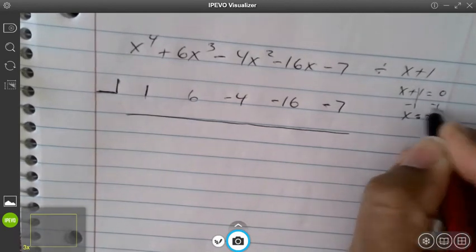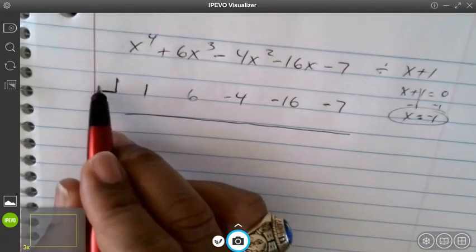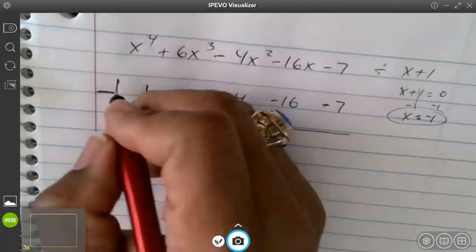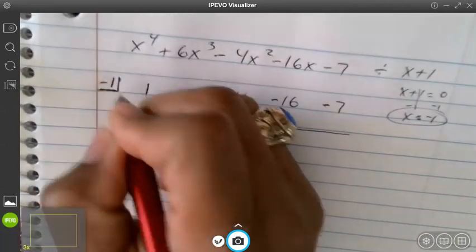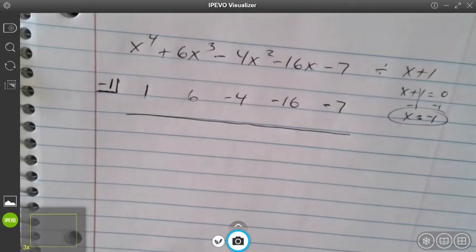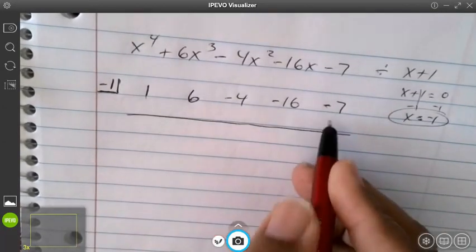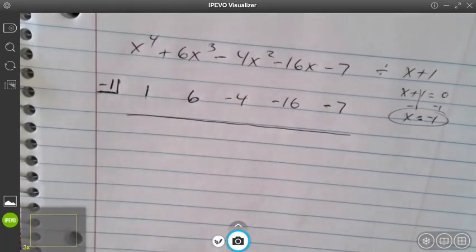So that solution, -1, is what's going to go in the box. That's what we're going to use for the synthetic division. I know some of this looks crazy, but you'll be all right. Now we've got it set up. This is the hardest part, getting the coefficients and your divider. Once you do that, the rest of it's going to be easy.